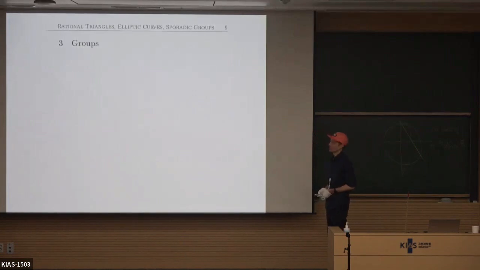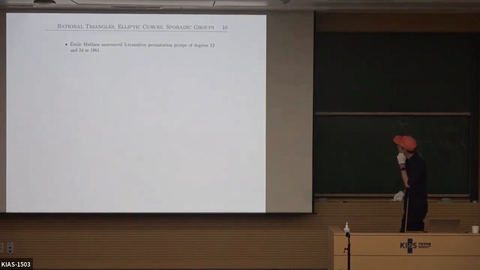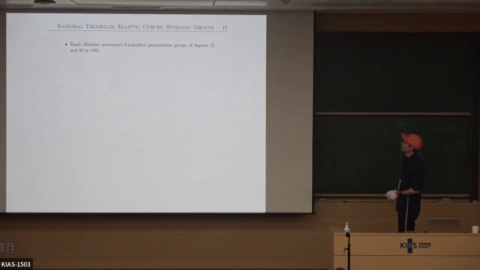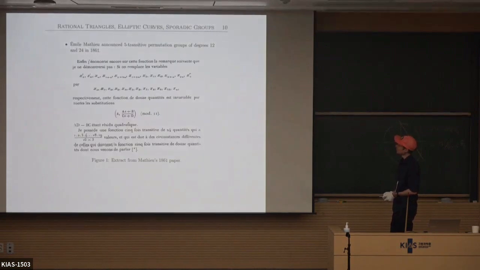Third topic of the title, groups. Okay. So now, just 180 odd years ago, Mathieu introduced a couple of groups back in 1861, permutation groups of degrees 12 and 24.